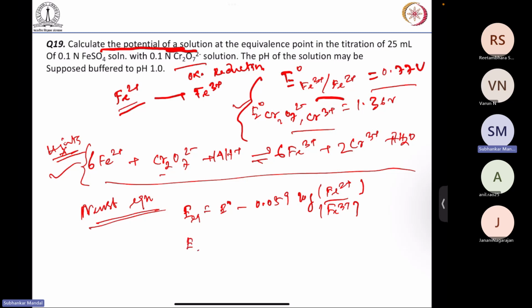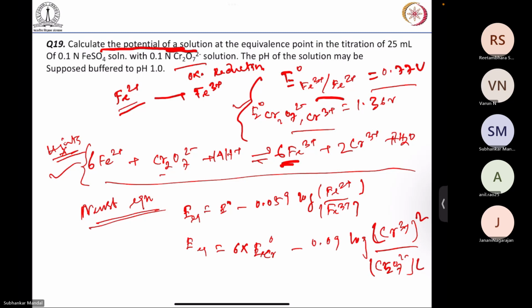The other equation is the equilibrium for chromate. Six electrons are involved, so 6 times the equilibrium potential of chromate, minus 0.059 log of chromium 3+ squared, below Cr2O7 2- and H+ to the power 14.